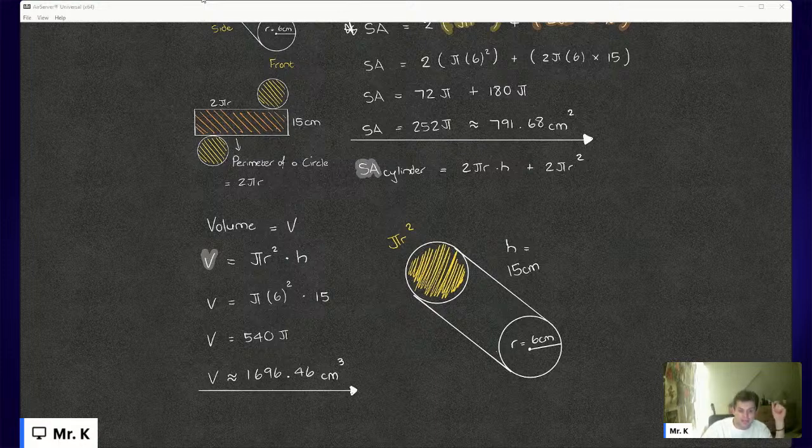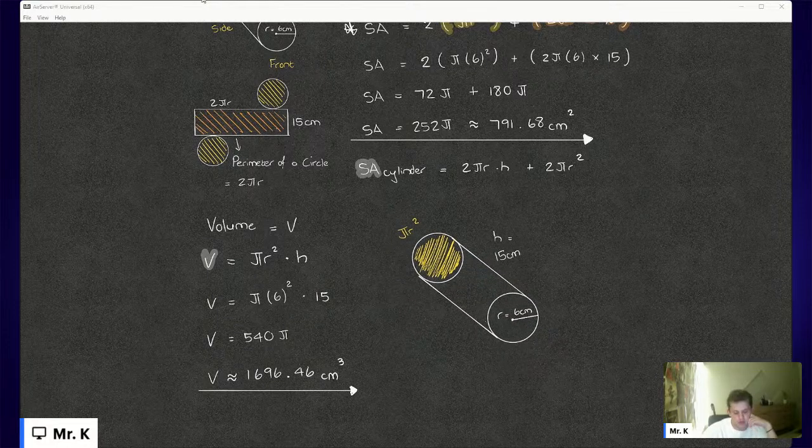For the more basic shapes, not for all of them. There are some shapes that are a little bit more tricky. I hope that this makes some sense, grade 9s, and that you aren't too lost.